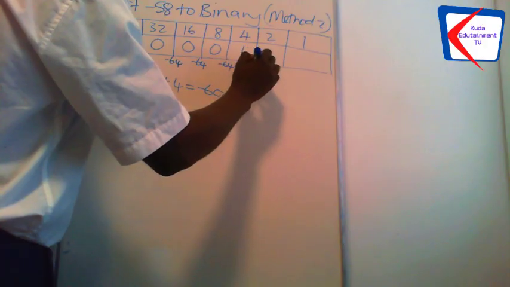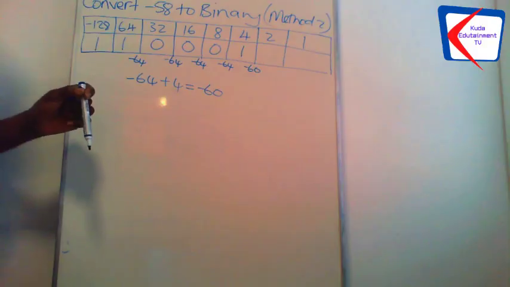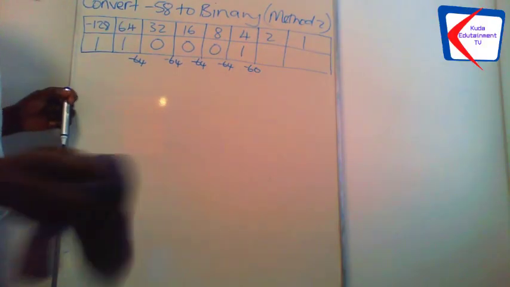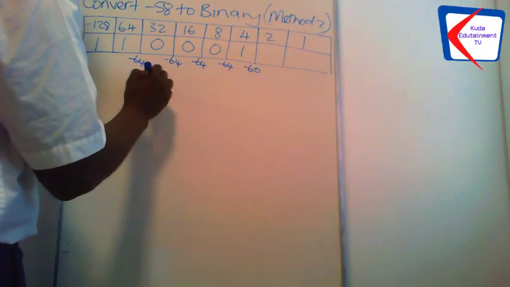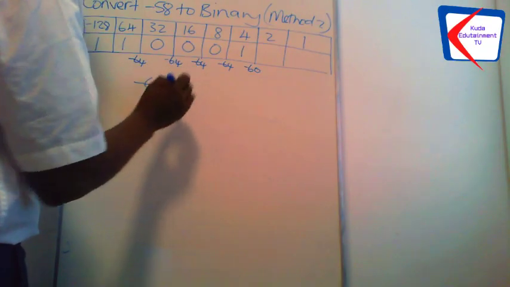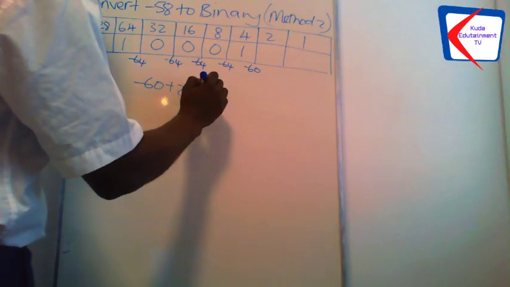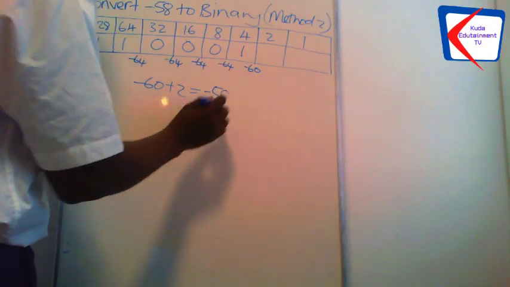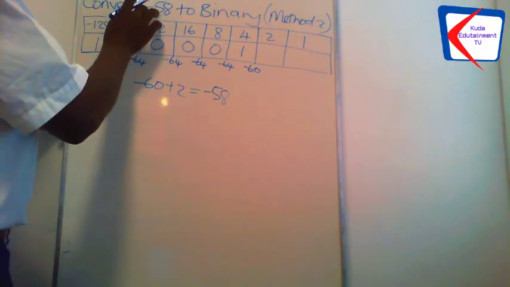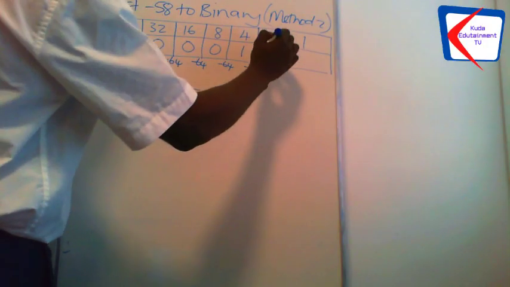So we now have negative 60. Now negative 60 plus 2 is the same as 60 minus 2. It will give us negative 58. And negative 58 is equal to negative 58. So therefore we switch on binary unit 2.